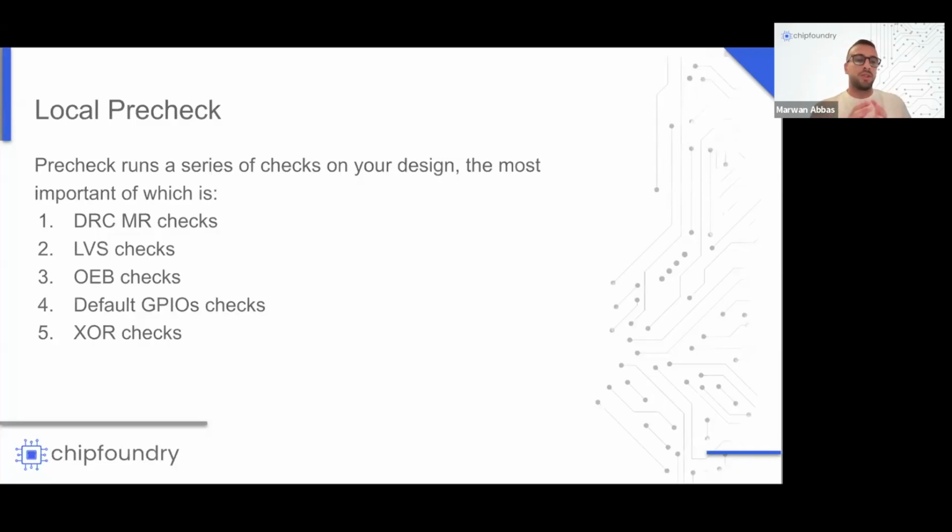We're just going to cover the main important checks here. There's the DRC MR checks, which are the design rule checks for manufacturing. This makes sure that your design abides by all the foundry rules for manufacturing.